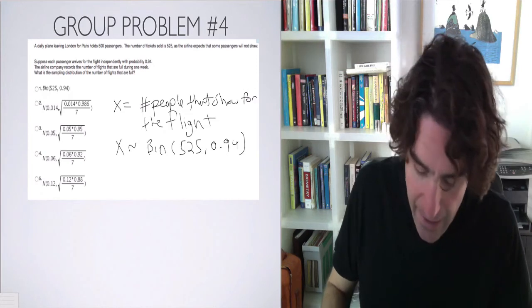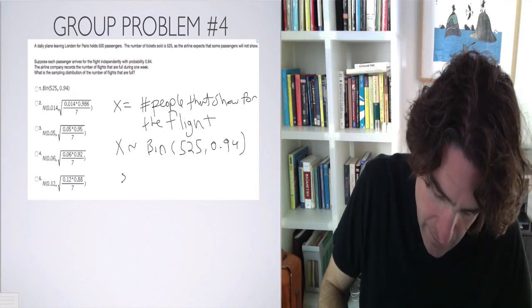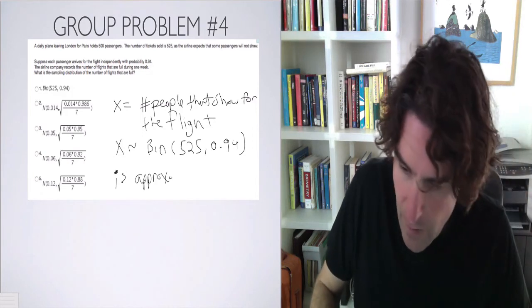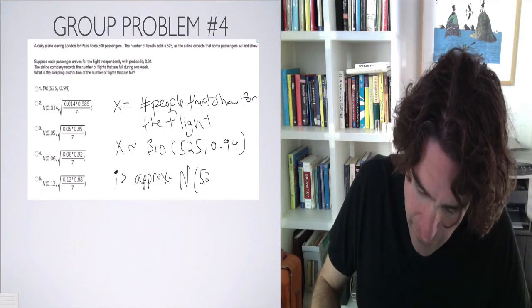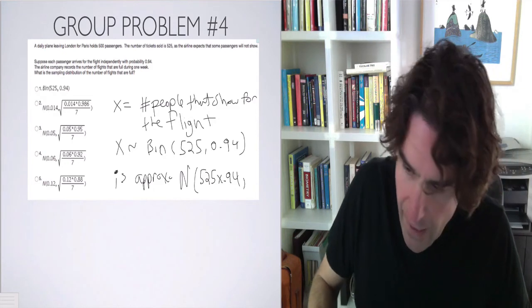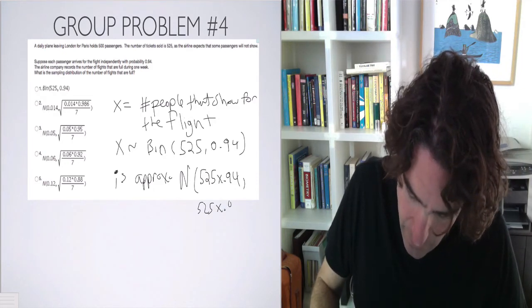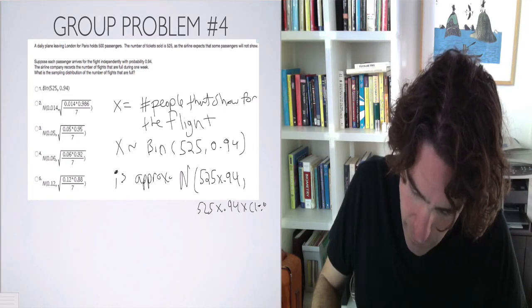That means that X is approximately normally distributed with mean 525 times 0.94 and standard deviation the square root of 525 times 0.94 times (1 minus 0.94).